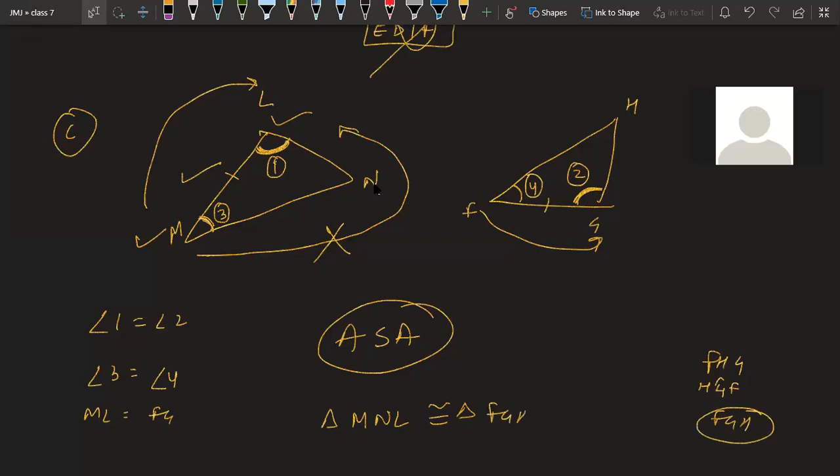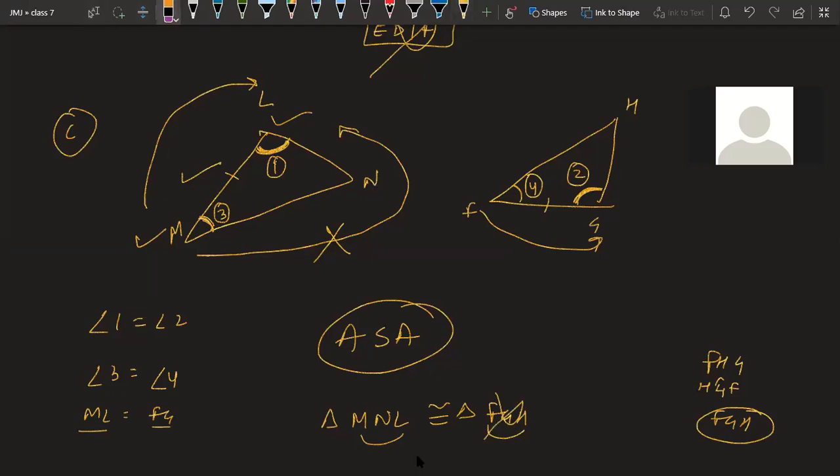So class, let's confirm which one is correct. ML should come equal to FG. No, it is not coming, class. Wrong. This name is wrong.